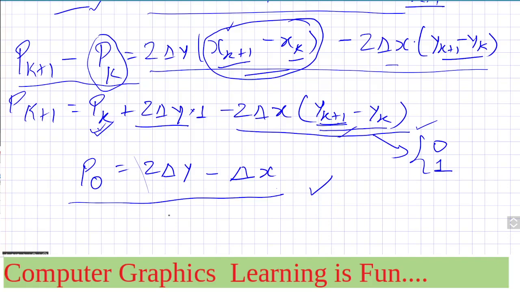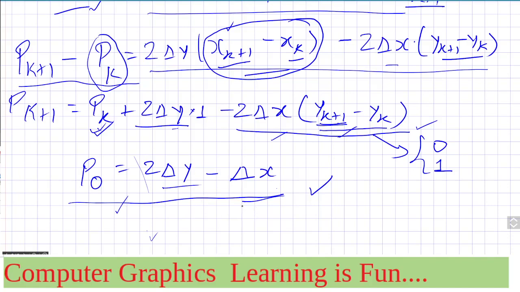Whenever it is given, at first we find the constant values like delta y and delta x. Then we find the value of p naught, and after that in every iteration we find the new value of pk. So this is how Bresenham's algorithm is done.